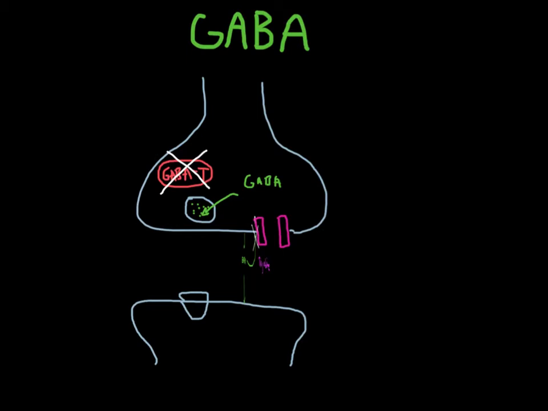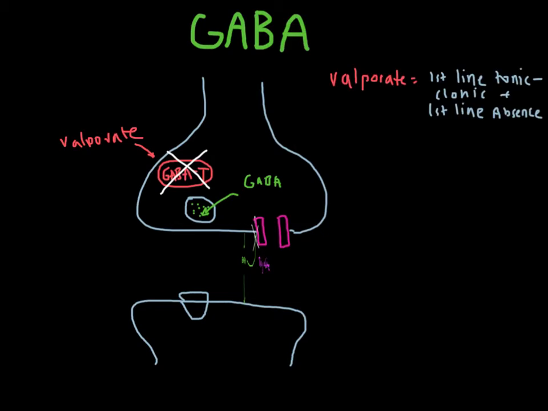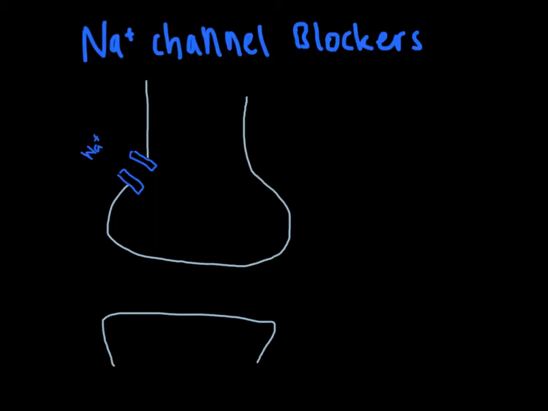And the name of this drug that works on GABA transaminase is valproate. Valproate is a first-line tonic-clonic as well as a first-line absence seizure, whereas tiagabine is a second-line treatment for partial seizures.